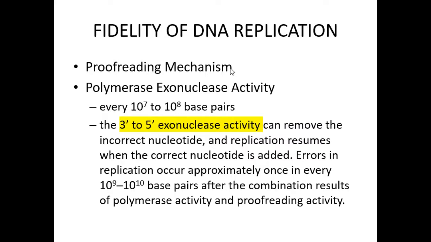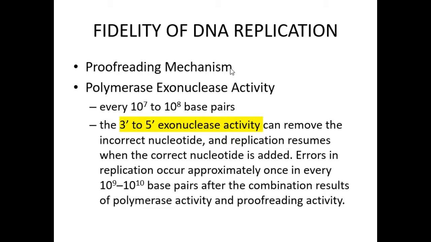And the fidelity of DNA replication. Basically, the precise copy of the genetic information during DNA replication can provide the genetic stability to the living organism. Therefore, you have to make sure the replication is accurate. However, errors can be introduced during the replication.